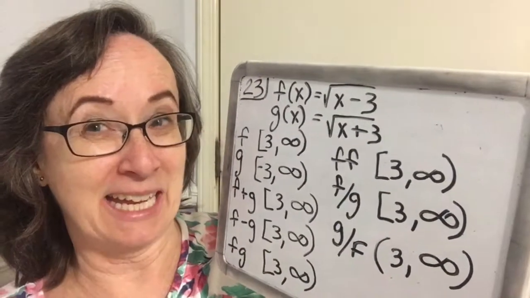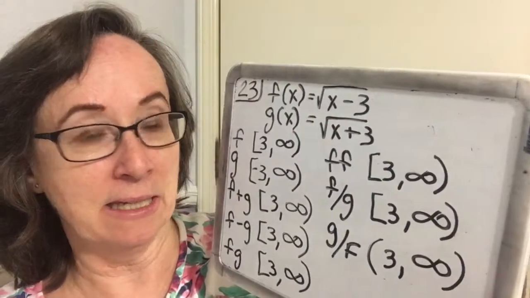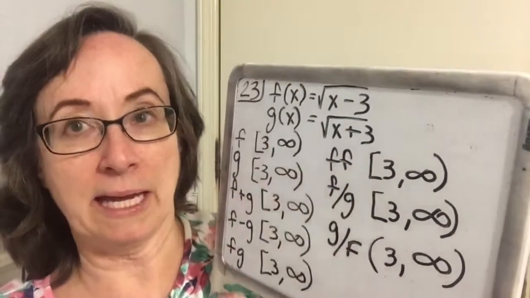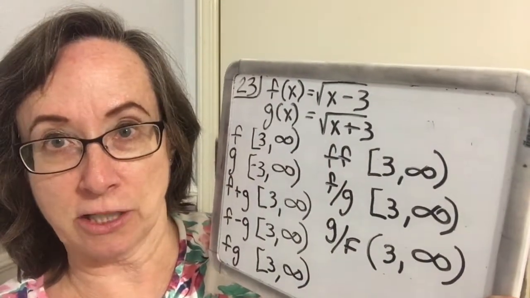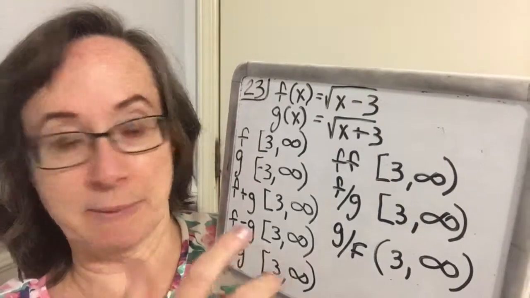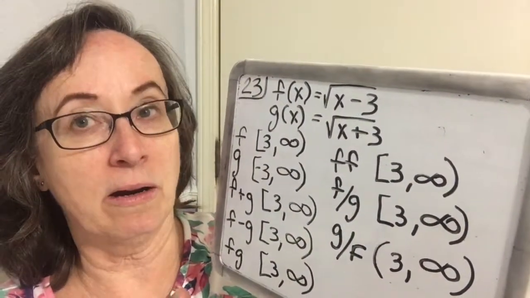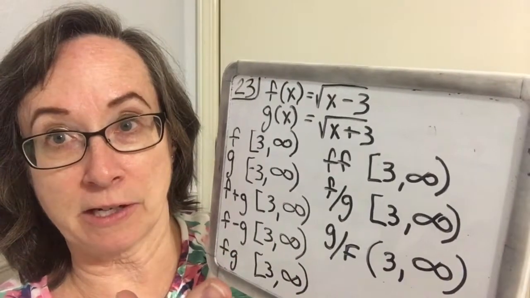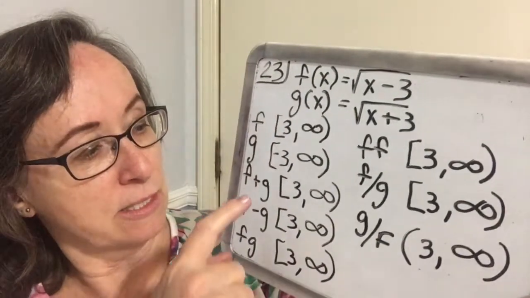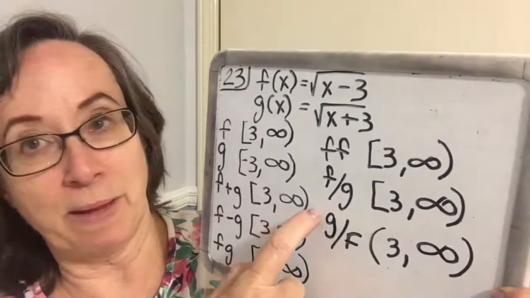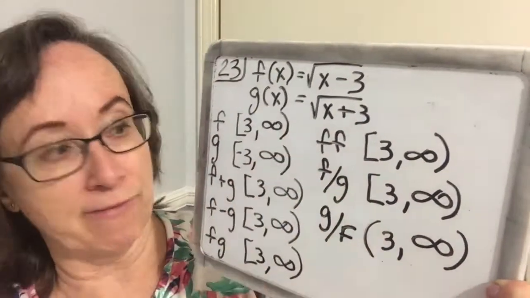So everything is going to have to be limited to the domain of the f function because it is more limited than the g, and we can't have a sum where one or the other of the functions ceases to exist. So the sum has a domain that is the same as the f function.